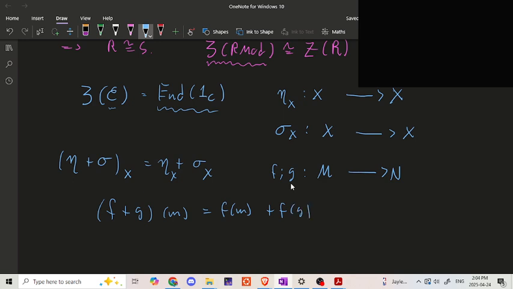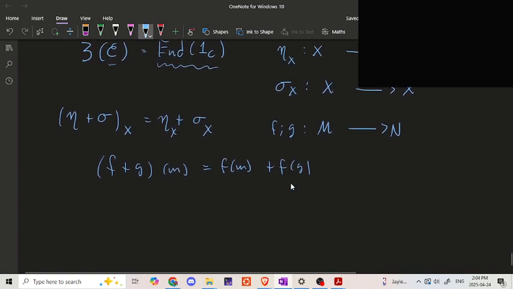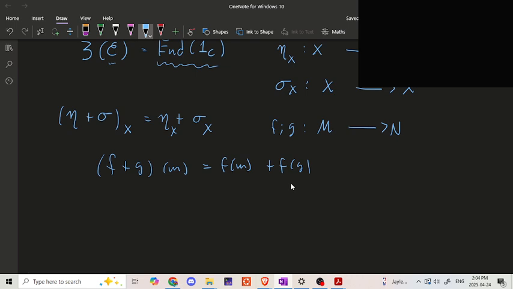Because the modules themselves have an addition operation. So this gives us an addition operation. And in fact, this addition operation on any Hom set in the category of R modules actually makes each of these Hom sets into an abelian group under addition.